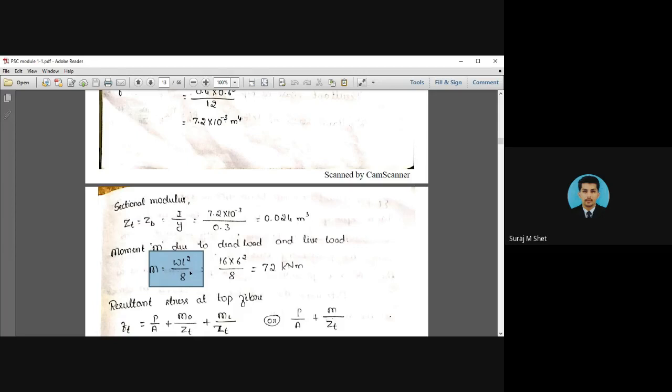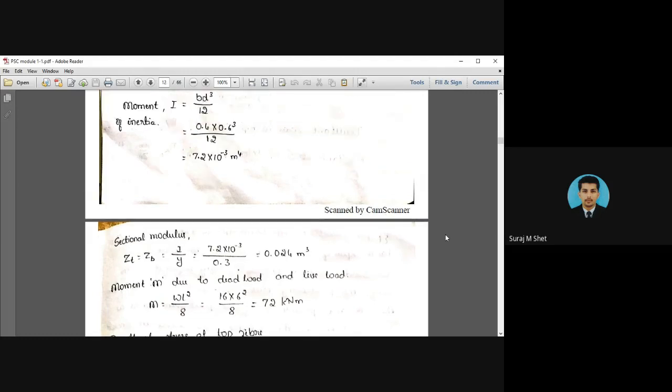So here the W load is dead load, because the live load is included. They already mentioned in the problem to calculate the dead load including live load. If not, then you have to take the 16 kilonewton separately, and again you have to add the dead load. Dead load is nothing but the weight of the section. Weight of the section is area into density.